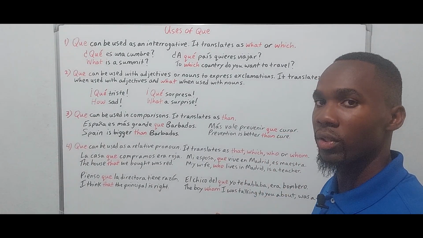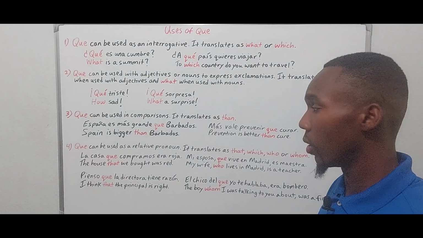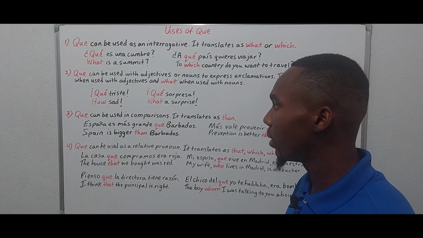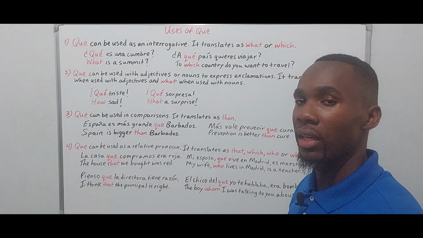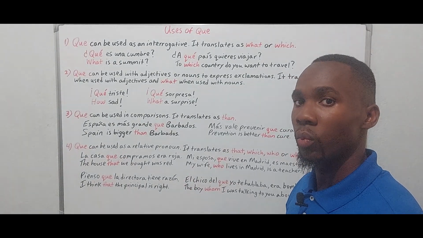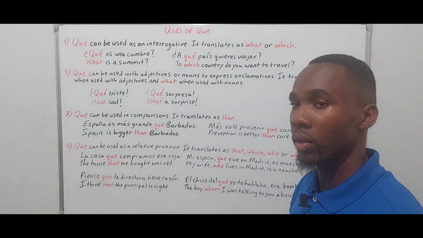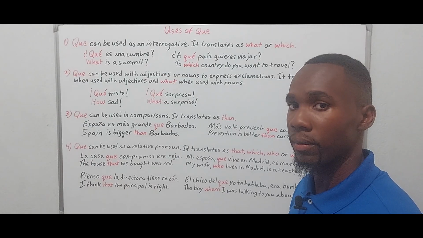So curar would be the second entity in the comparison. So anytime we want to mention the second element in a comparison, we introduce it with the word que. And this que will not have an accent.